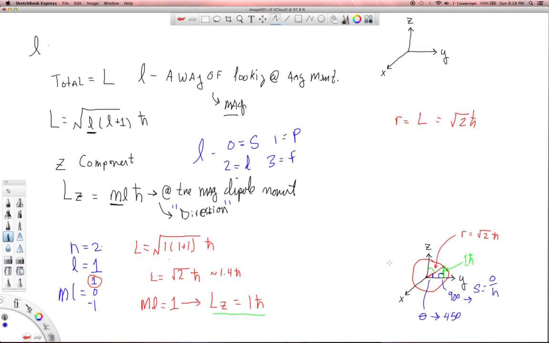So what I've done is I have now solved for not only the magnitude but the direction of the angular momentum, but because of the uncertainty principle, the interpretation of this is going to be very different.